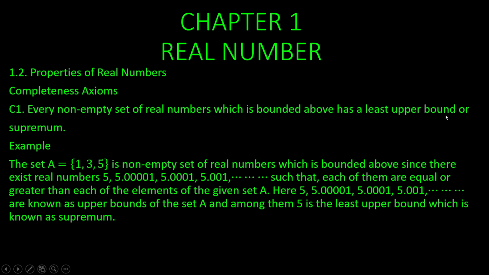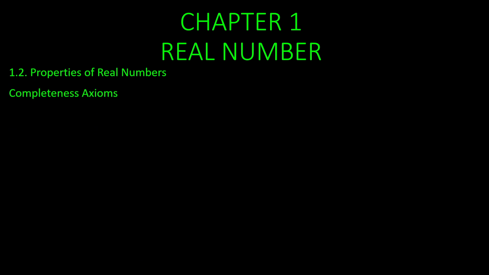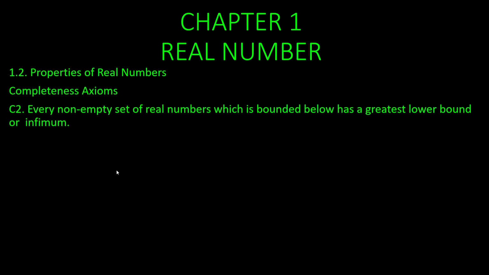So you have to keep in mind that every non-empty set of real numbers which is bounded above has a least upper bound or a supremum. Since the set A is bounded above, we can say that it has upper bounds, and among the upper bounds we get 5 as the least upper bound, so the supremum of it is 5.